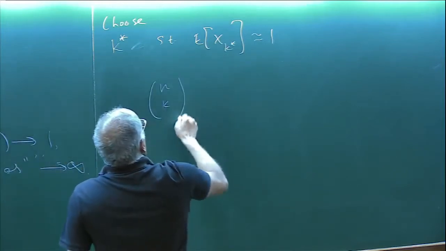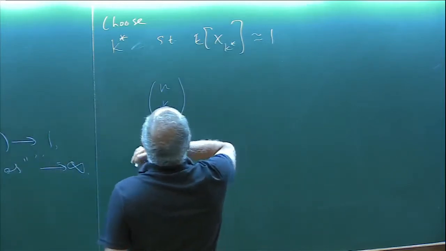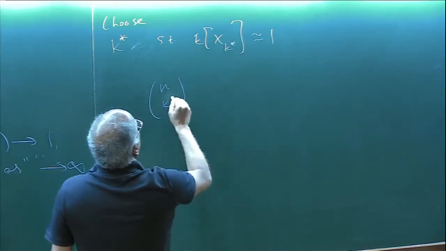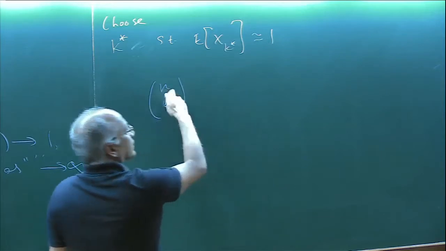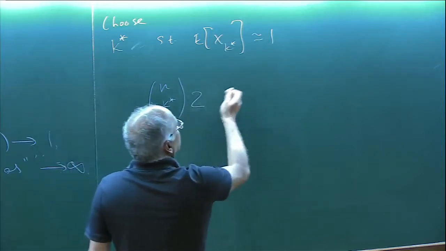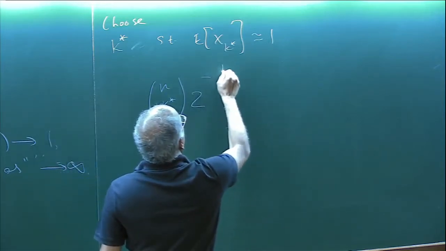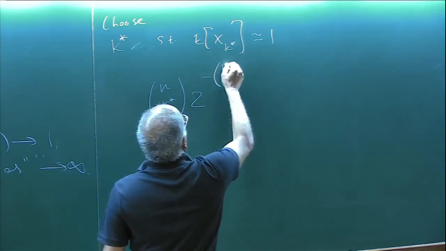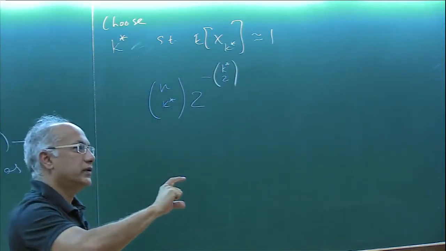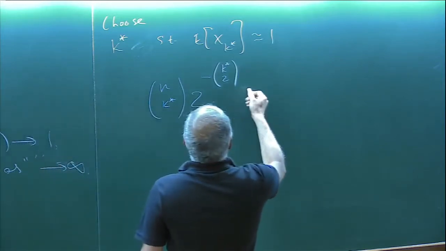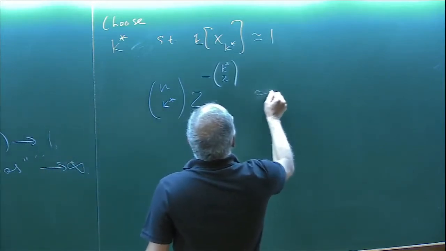So there are this many choices, and because I'm in Gn1/2, this is 2 to the minus k star choose 2. I want every one of those edges to be present. Right? So now we say, when is this roughly 1?